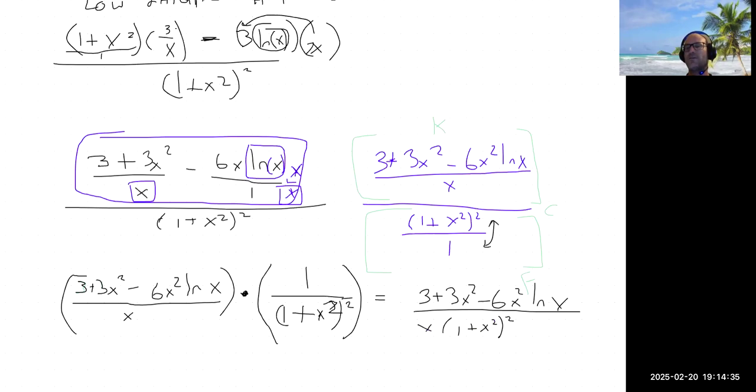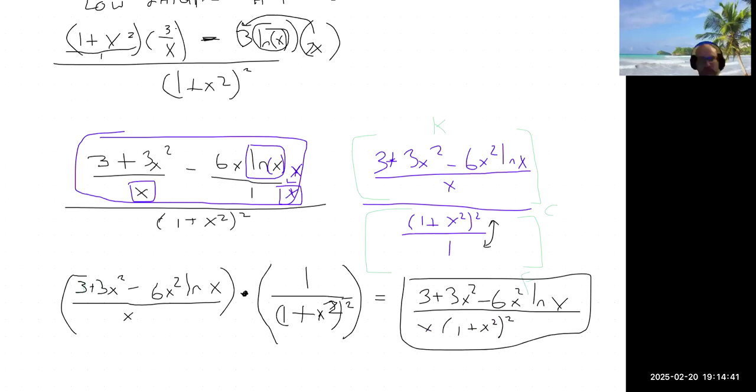And that would be our answer. Oh, I see, x, because we multiplied the x.